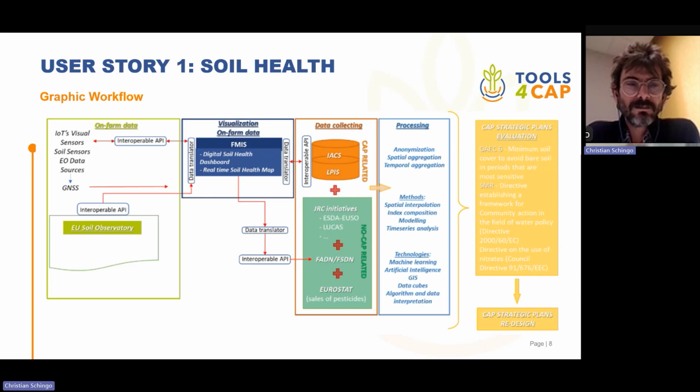Also for these user stories, we utilize this graphic workflow. On the left, we have the on-farm data, and we see that we applied IoT's visual sensors, soil sensors, with the use also with the Earth observation data sources.